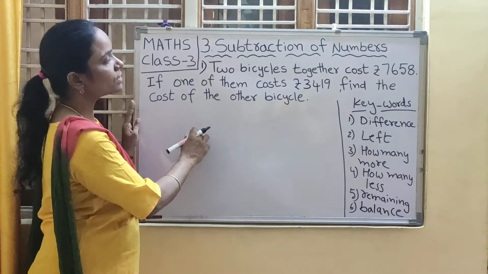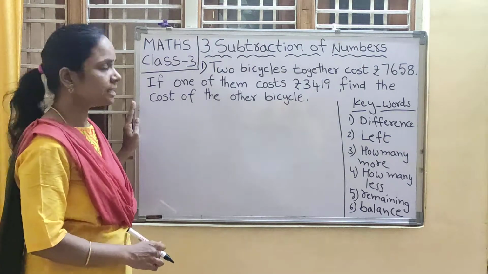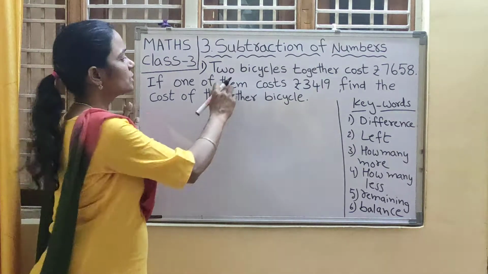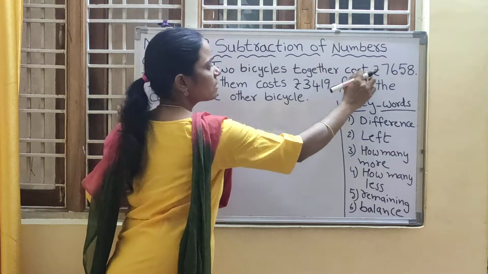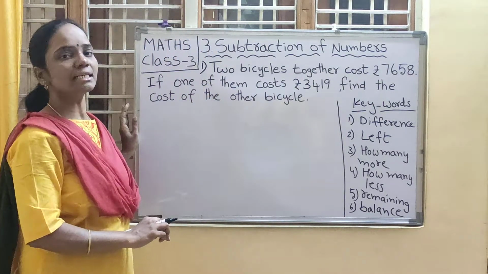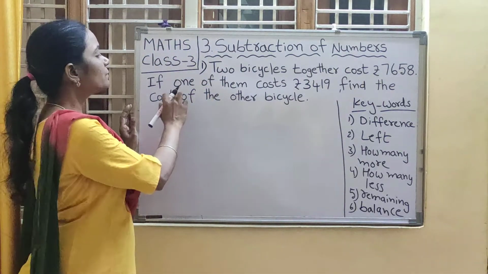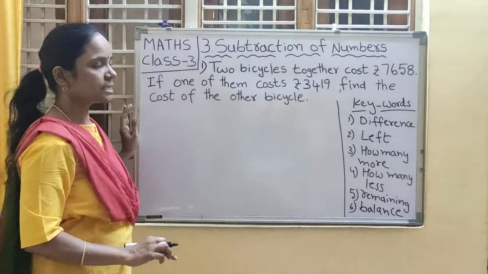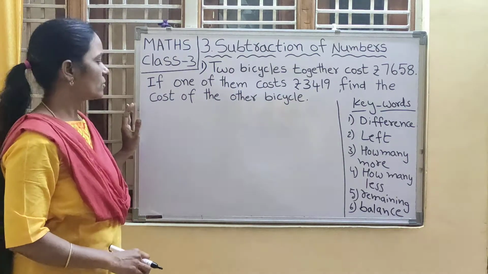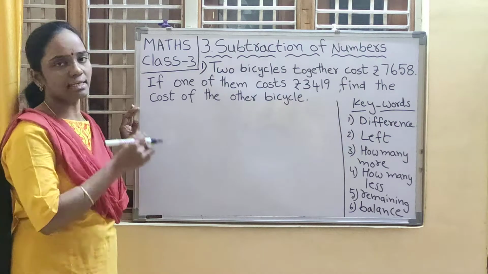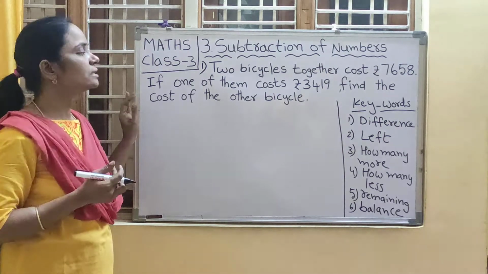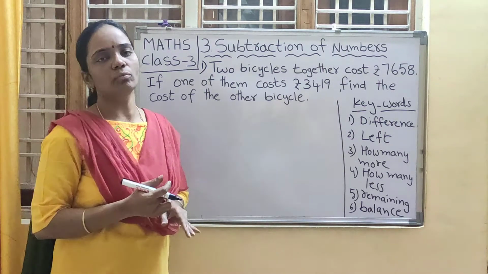Okay children? Now first one, read the word problem carefully. Everyone repeat after me. 2 bicycles together cost 7,658 rupees. If one of them cost 3,419, find the cost of the other bicycle. Okay children, so here first understand the problem.